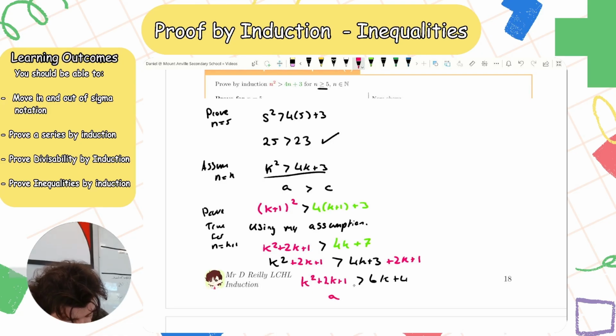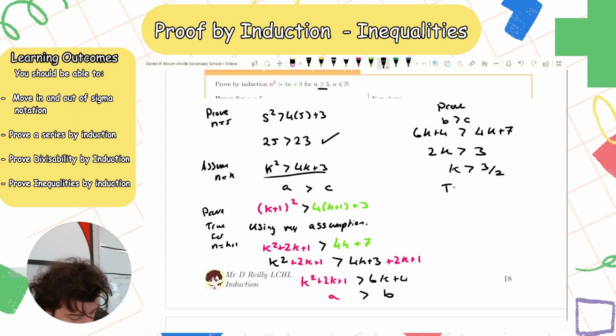So this is my a is greater than b. Now I need to prove that b is greater than c. So I need to prove 6k plus 4 is greater than 4k plus 7. So show that's true. Well, I'm going to have 2k is greater than 3. k is greater than 3 over 2. And is that true?